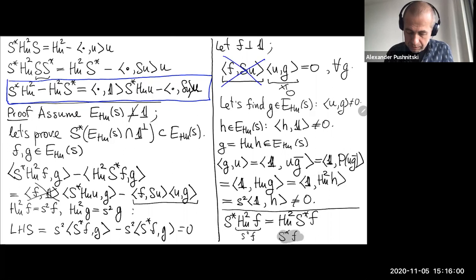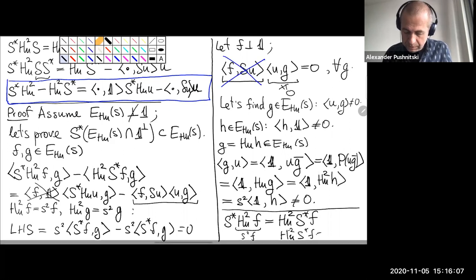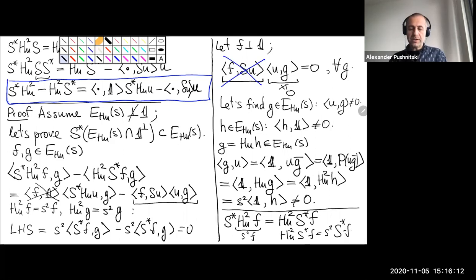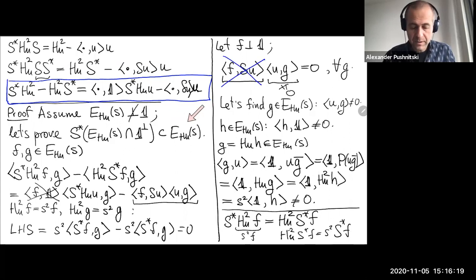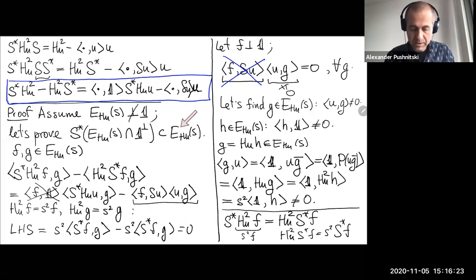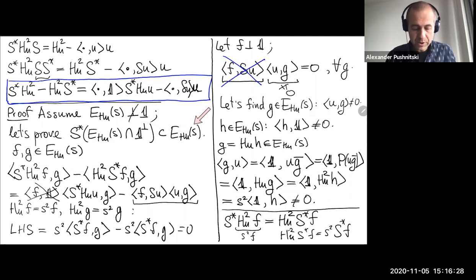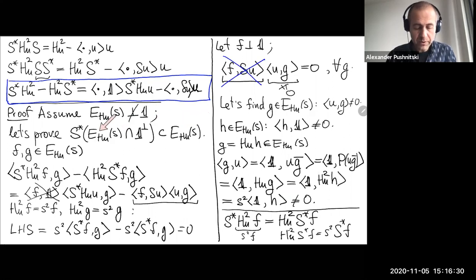We've got that H U squared S star F equals S squared S star F. And so S star F is, as required, in the Schmidt subspace, because satisfying the eigenvalue equation is precisely our definition of this Schmidt subspace. And so we've checked that our Schmidt subspace is nearly invariant.